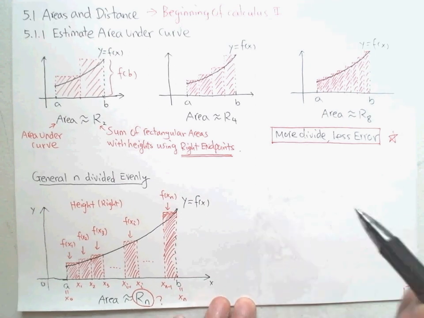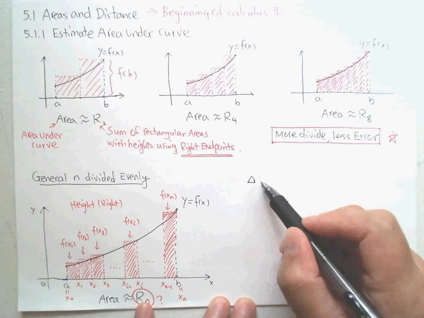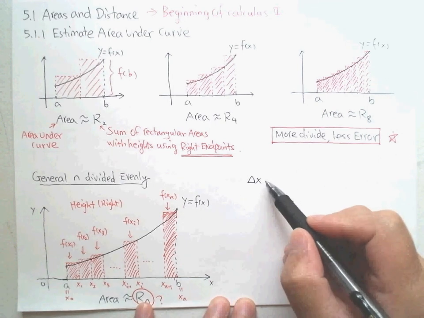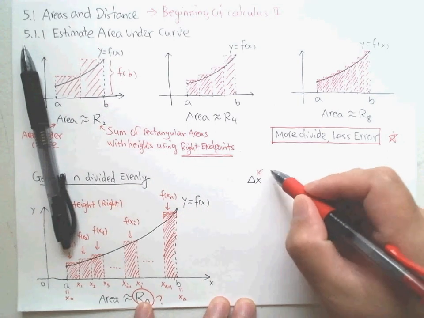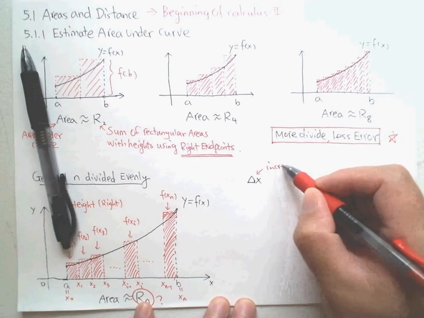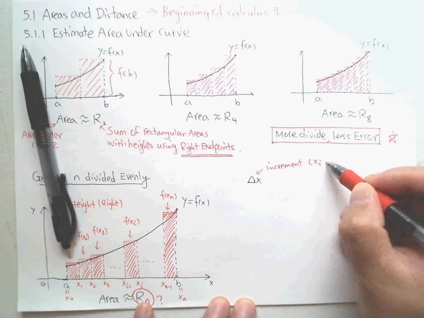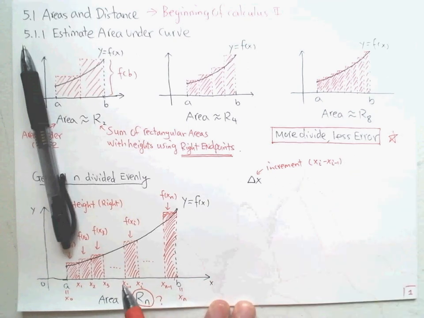So first, we need this delta x, because it's evenly divided, and this is the increment. The definition is xi minus x(i-1), meaning the distance from x0 to x1, or from x1 to x2, all the same.